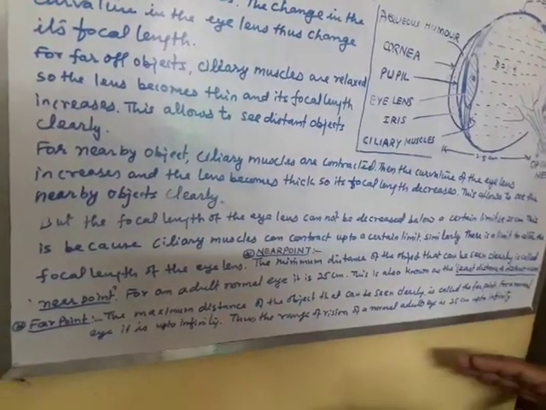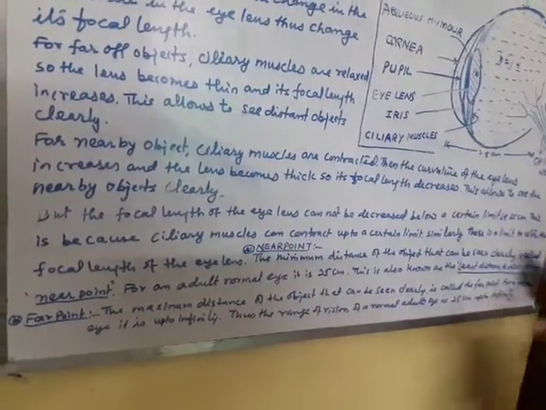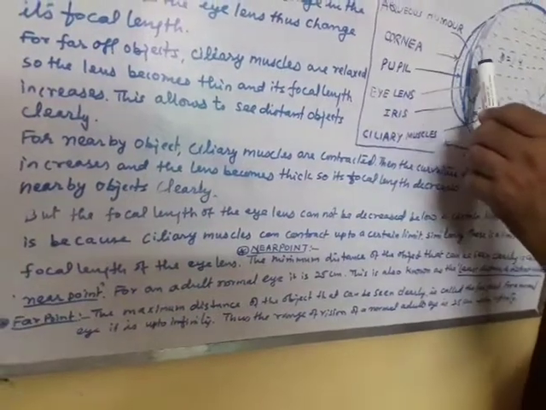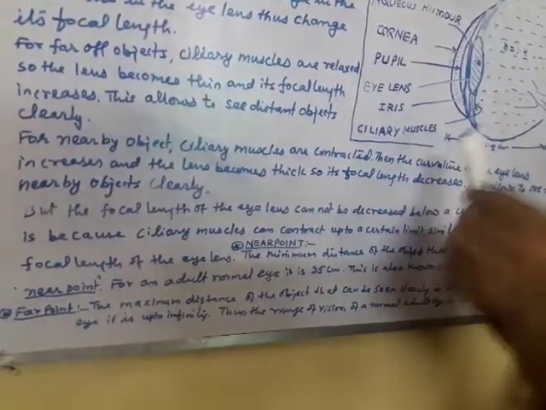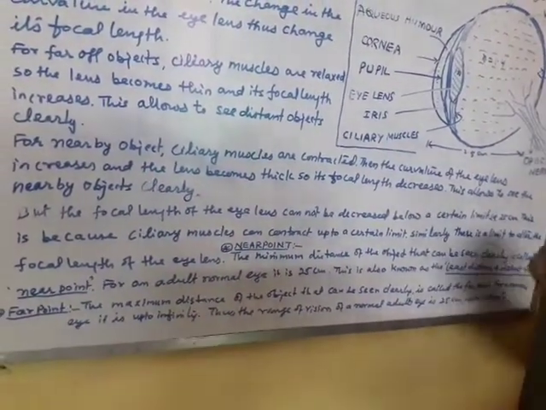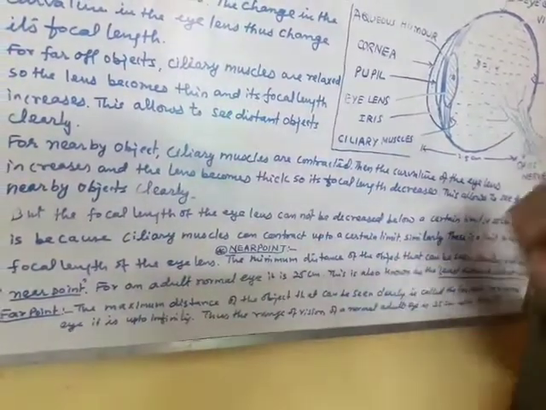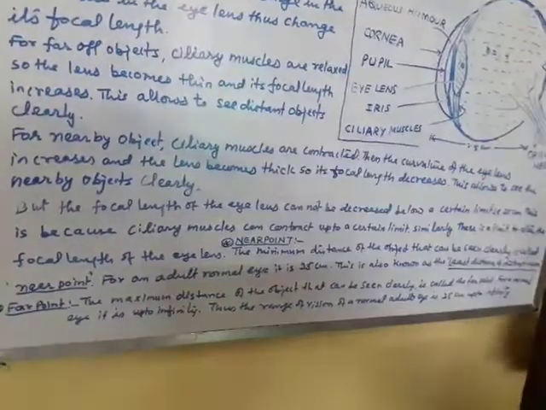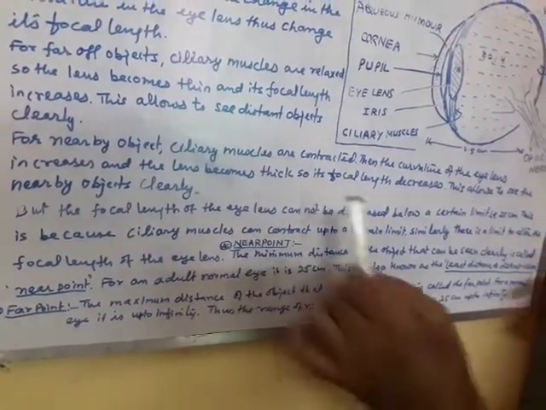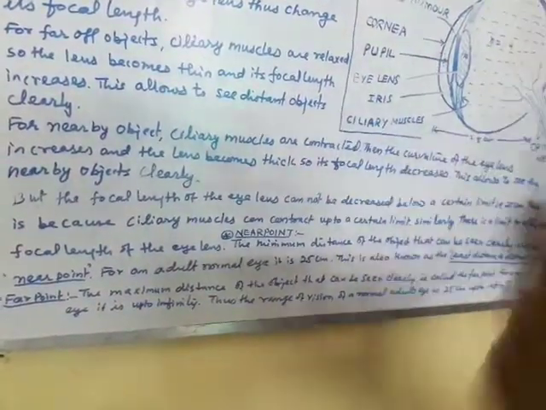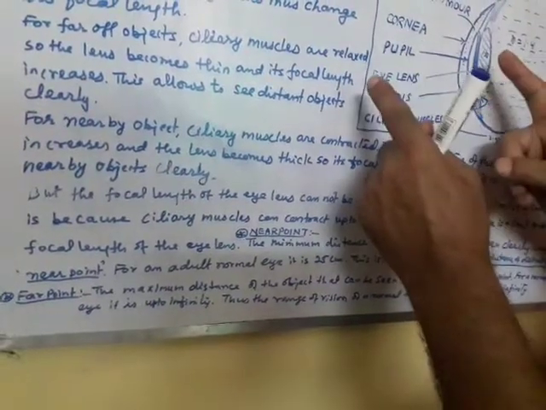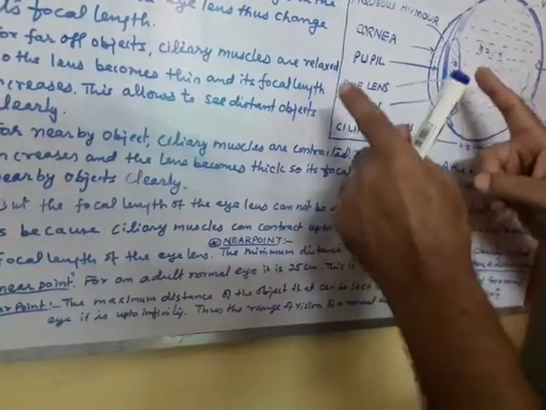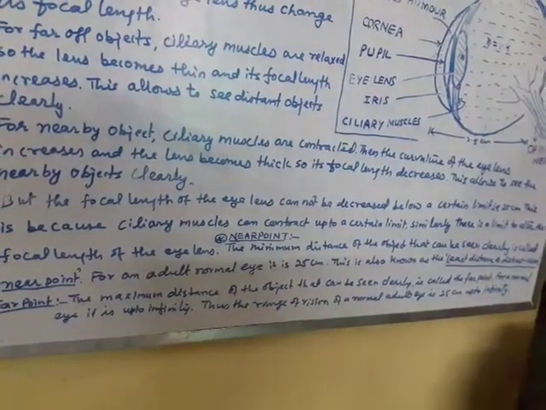The minimum distance of the object that can be seen clearly is called the near point, or least distance of distinct vision. For a normal adult eye, it is 25 centimeters. Note down, for a normal adult eye, the near point or least distance of distinct vision is 25 centimeters.